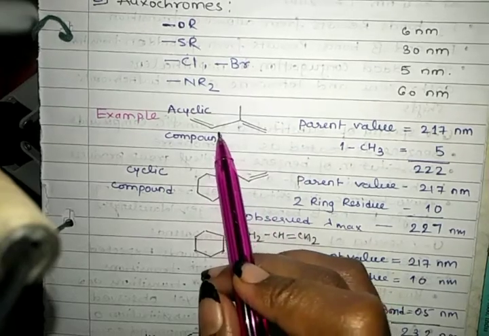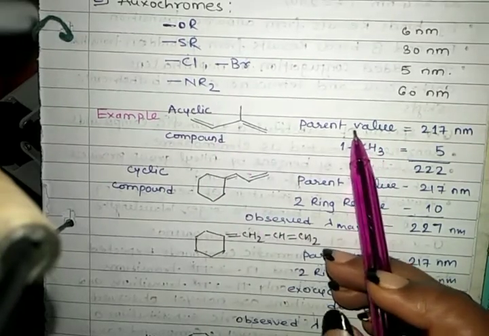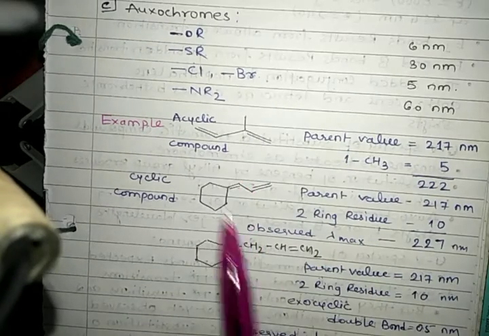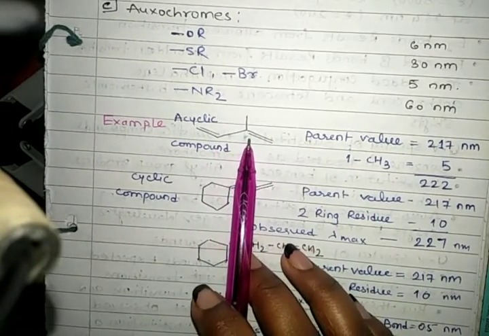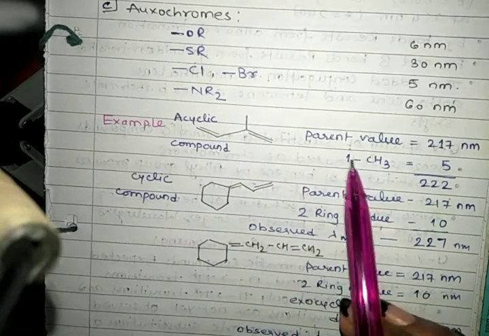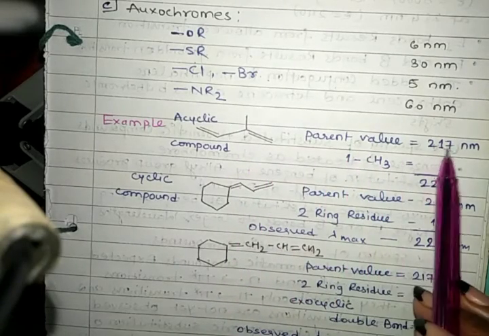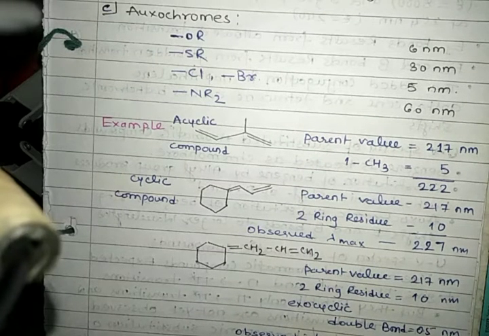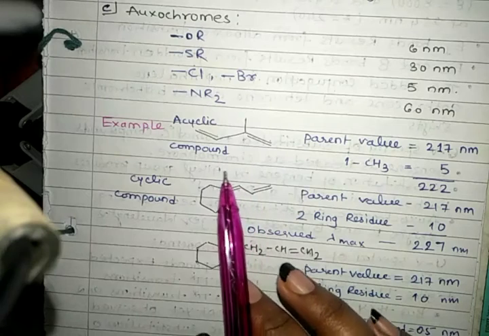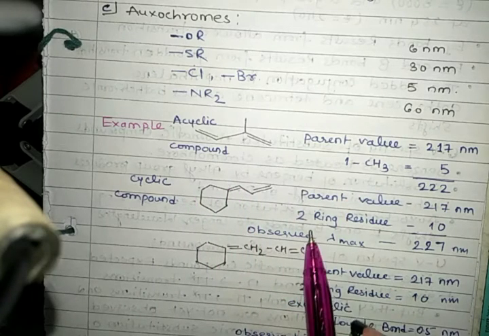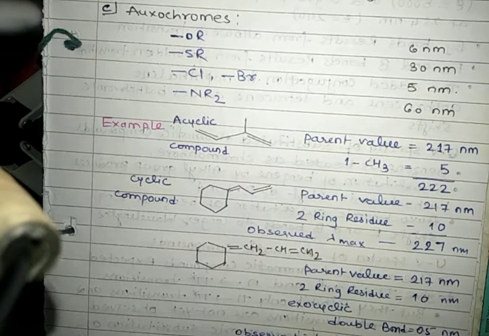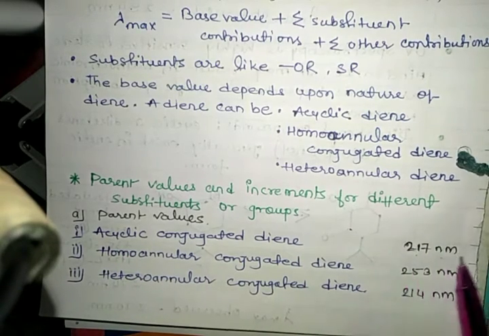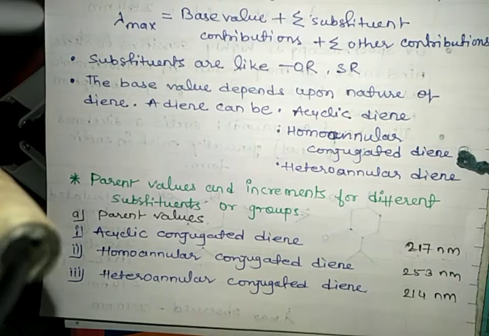So the first example is this. This one is an acyclic conjugated diene, so its parent value is 217 nanometer. Previously we saw different values of parent chain, and the acyclic conjugated diene has 217 nanometer.